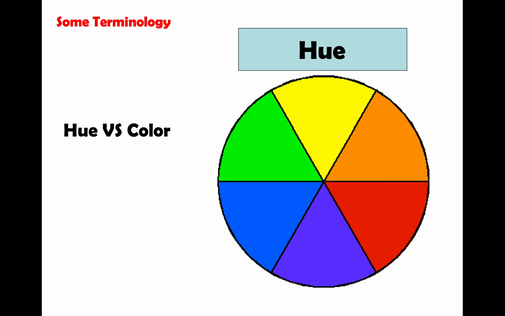Let's clarify a little bit about terminology so that we are on the same page when we talk about color as a class and in critiques. Hue and color are often used as synonyms, but there's actually a distinction between the two terms. Hue simply refers to the name of a color: blue, yellow, green, red.